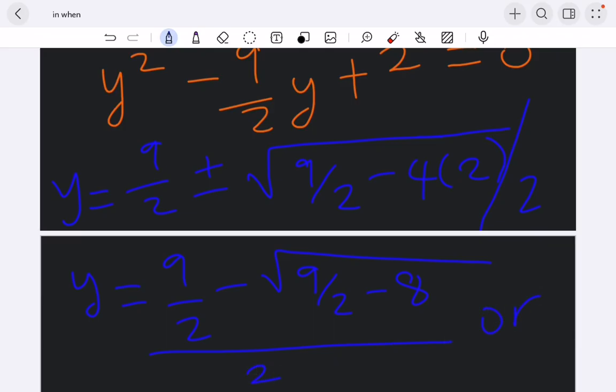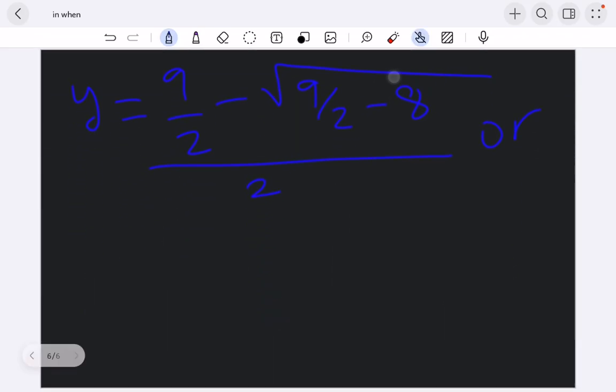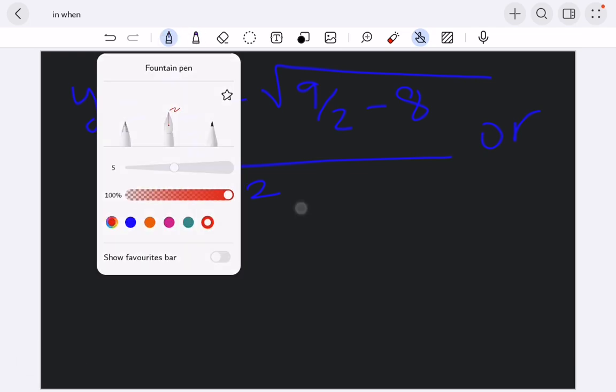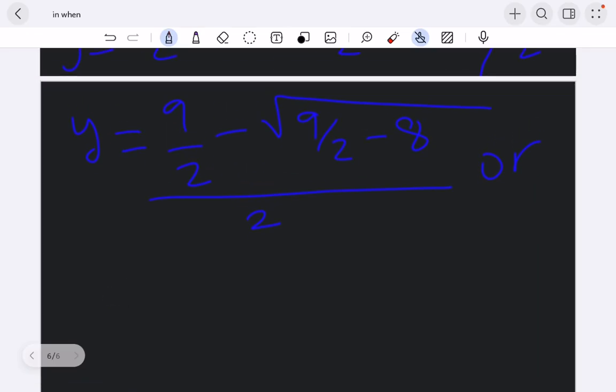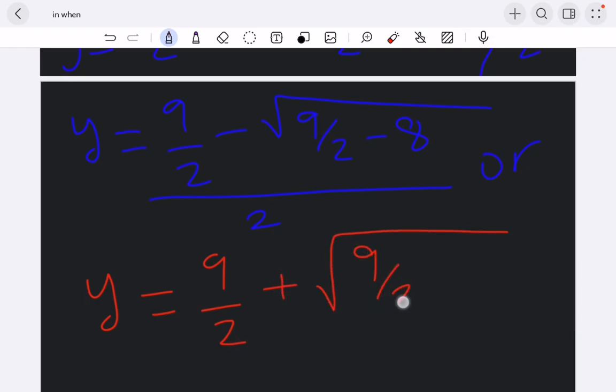And the second value of y is equal to 9 over 2 plus all of that, minus 8 over 2.